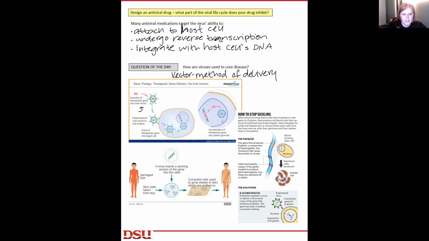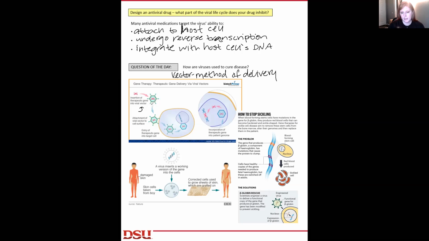So I think that they're using an example of damaged skin. So you can take skin cells from an affected individual and you insert the gene for correct skin cell production into a virus.